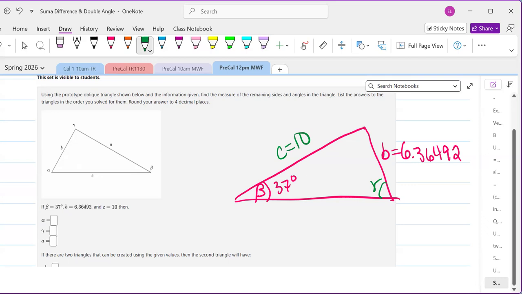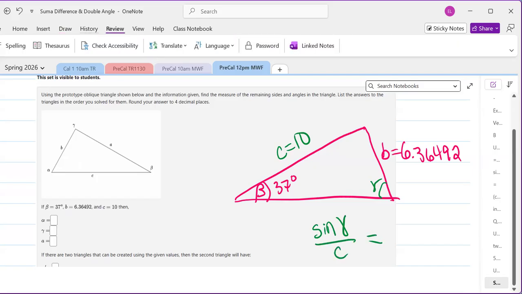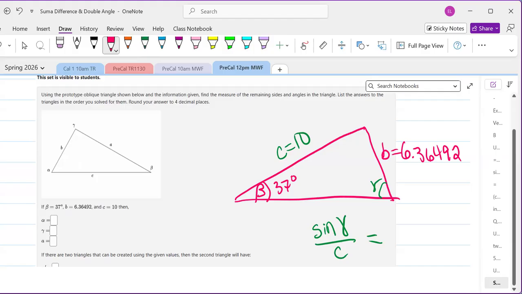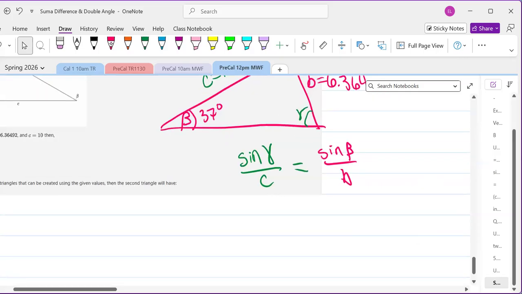So law of sines, I'm going to solve for gamma by using sine of gamma over C equals sine of beta over B. And now we're going to fill in the numbers we know.